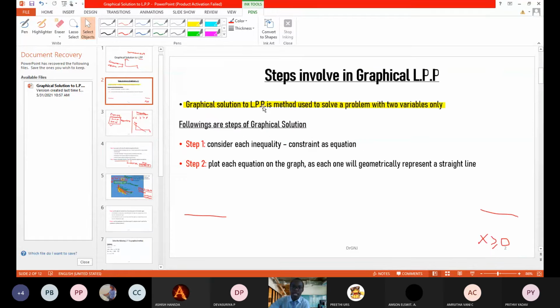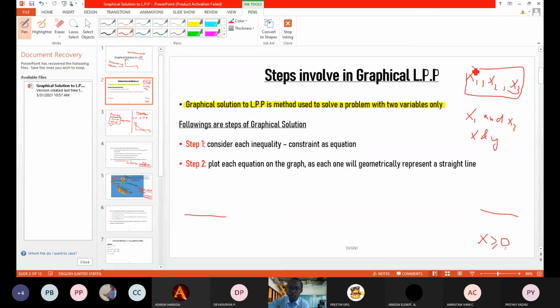And why do we need the graphical solution? We need it to solve an LPP which has only 2 variables. I forgot to tell you, the variables are x1 and x2, or you may have x and y, 2 only. If you have x1, x2, x3, this type, you cannot use the graphical method.